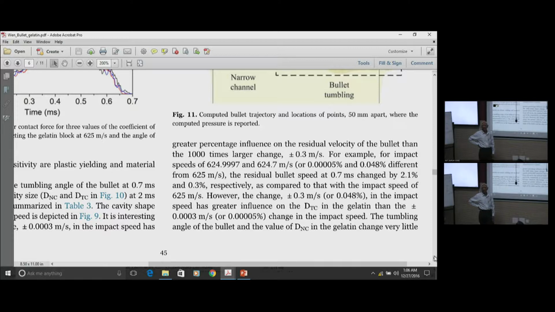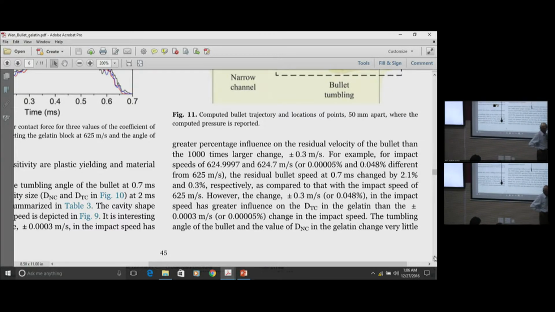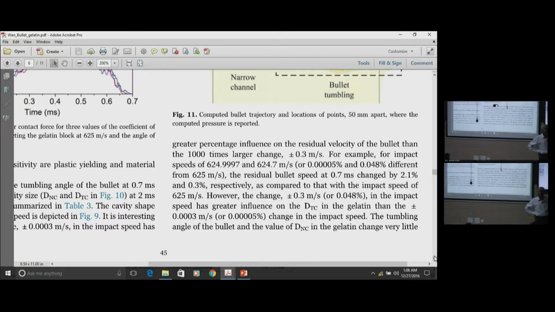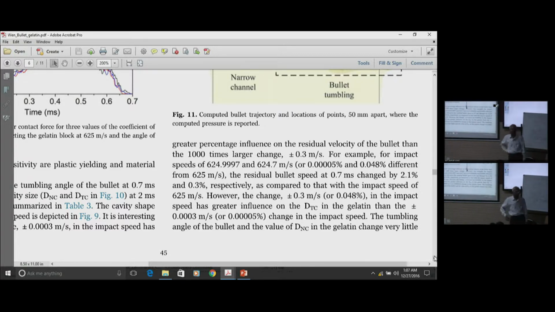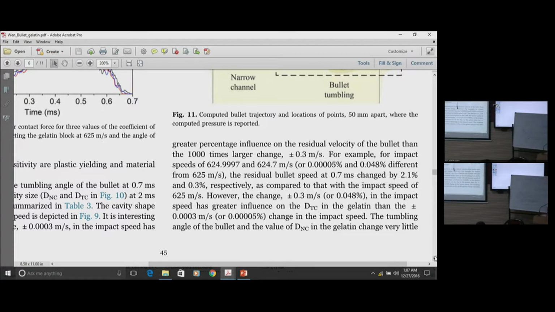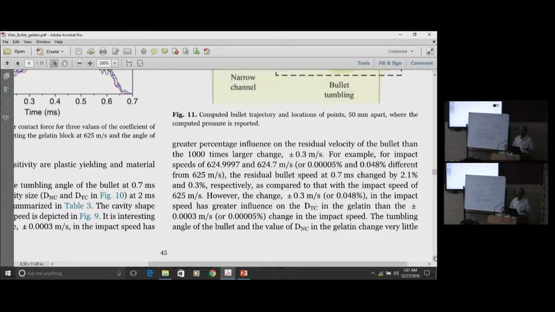Everything plays a big role. I don't know if the material model of the gelatin really plays a role, because we use these materials. I think it's elastic plastic, so it's nothing fancy.